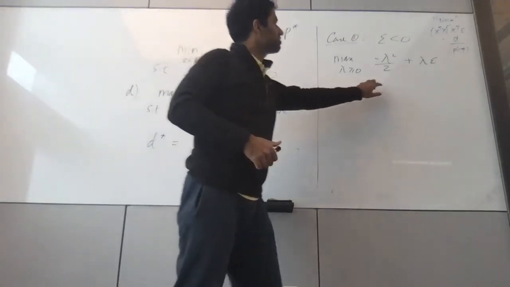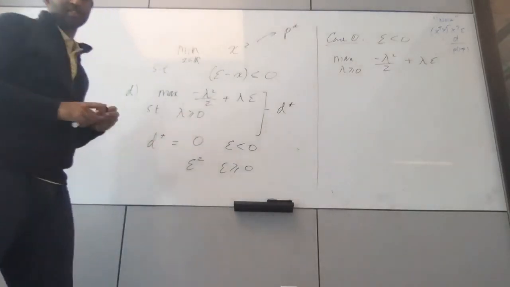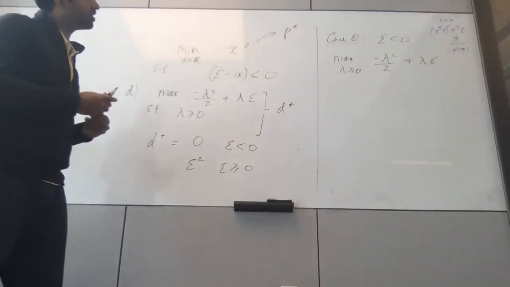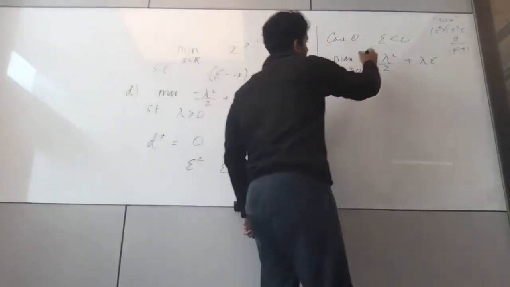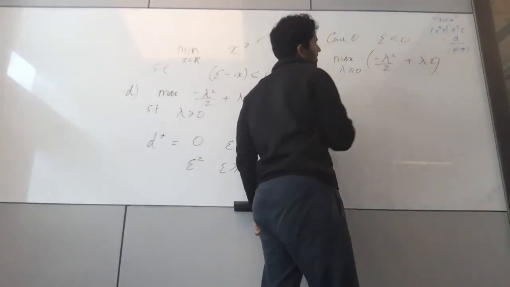What is the largest value that this thing can take? You should try and use this fact that epsilon is less than 0.